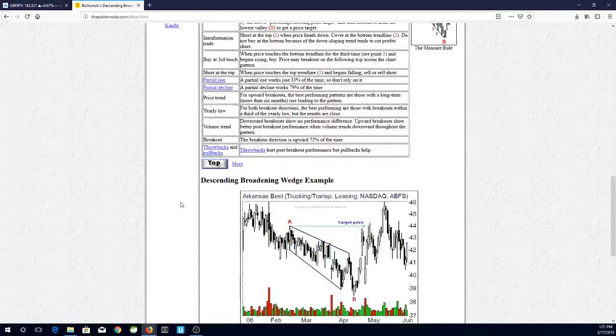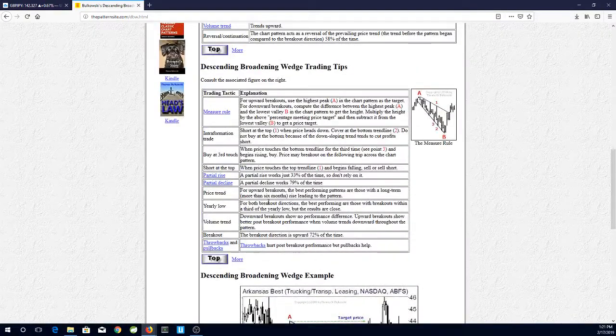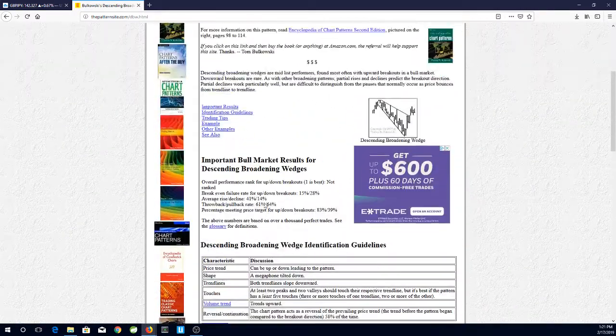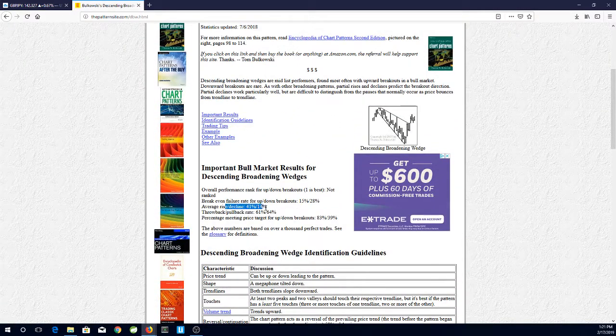I don't know. It seems like I've seen better statistics than this. Average rise and decline, break-even failure rate for up and down, not ranked. This one I believe used to be ranked, so it looks like he's changed it.